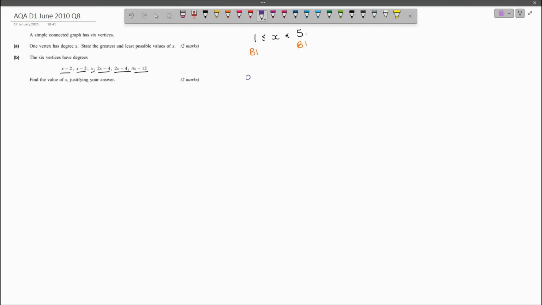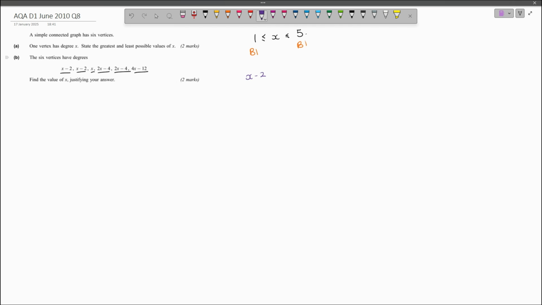So we know that x subtract 2 has to be at least 1, and it has to be less than or equal to 5. And we can consider x: x has to be at least 1, and at most 5. 2x subtract 4 has to be at least 1, and at most 5.